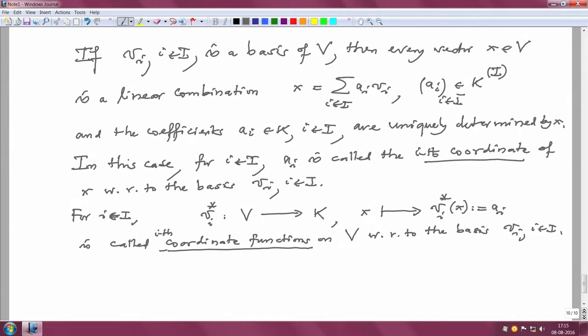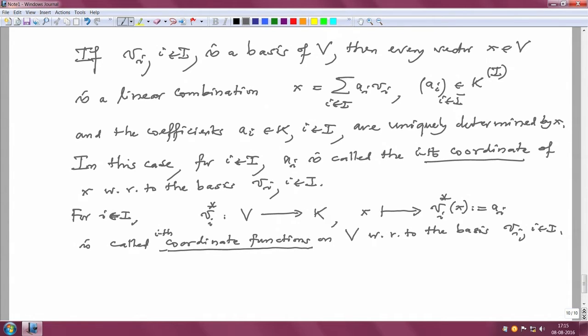Of course, I have not yet addressed whether an arbitrary vector space has a basis. This is under the assumption that if it has a basis, then these definitions make sense. In the next few lectures, I will be concerned with the general question of whether V has a basis or not, and if there are two bases of V, what the relation between their cardinalities is.